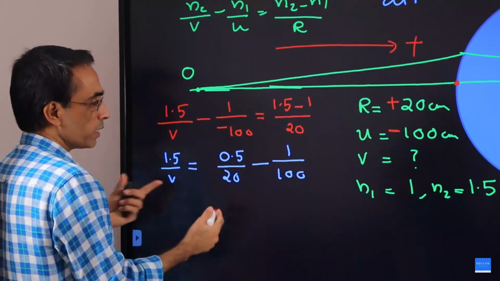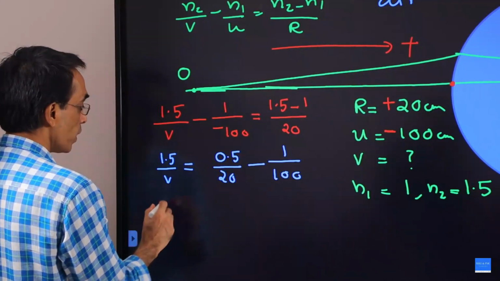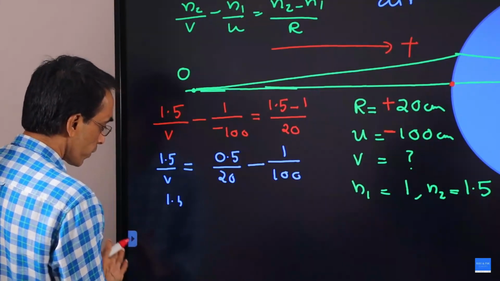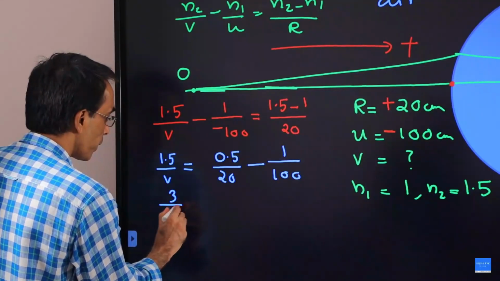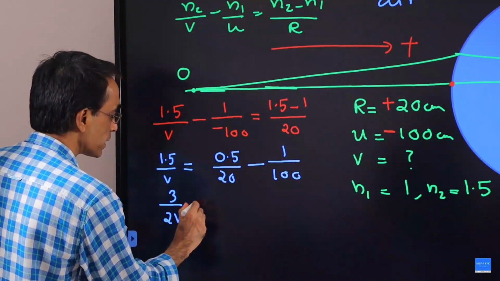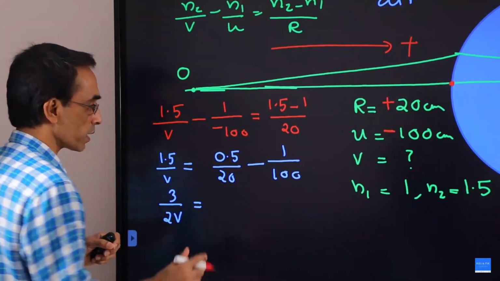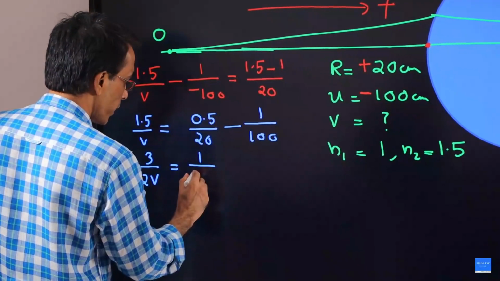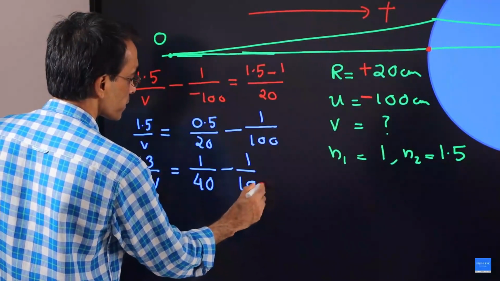So simplify. You can follow your own method, I will follow my own method, but the final answer must be the same. I think I will better write it as 3 by 2V, because that makes easy calculation, because decimal points sometimes may give you wrong answers. 0.5 is 1 by 2, so this will give you 1 by 2 into 1 by 20, 1 by 40, minus 1 by 100.